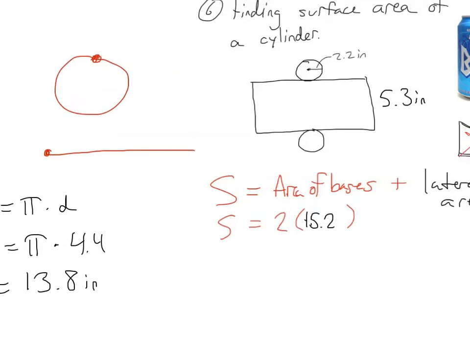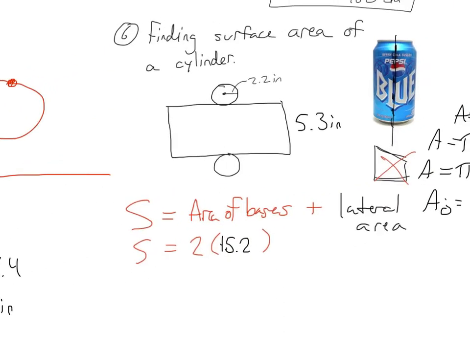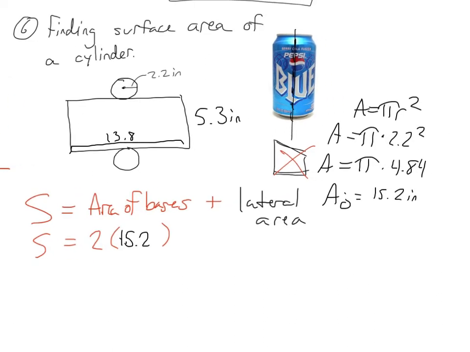It means 13.8 is also equal to this, that distance right there. So now we can calculate the lateral area, 13.8 times 5.3. 13.8 times 5.3 gets you 73.14. Now that is inches squared, just like this will be inches squared as well.